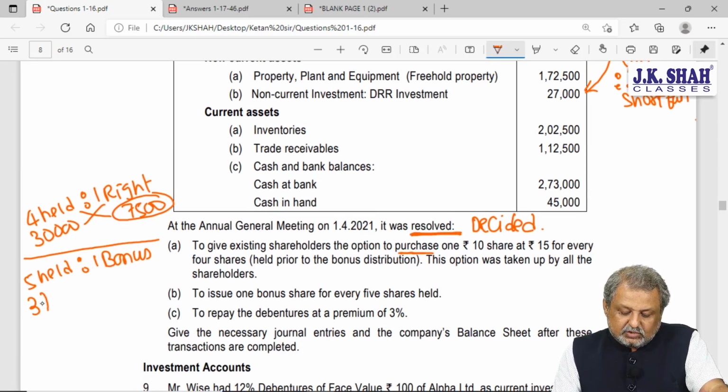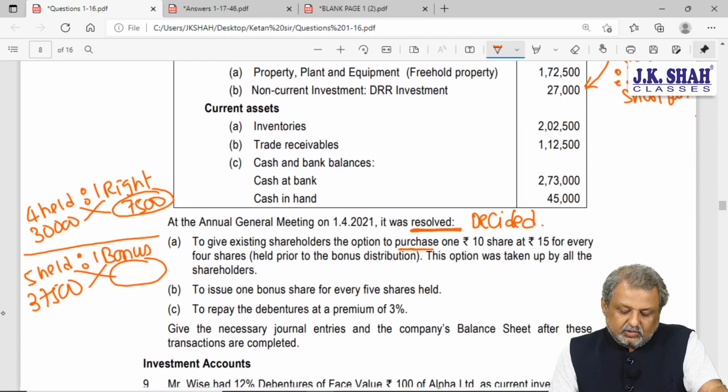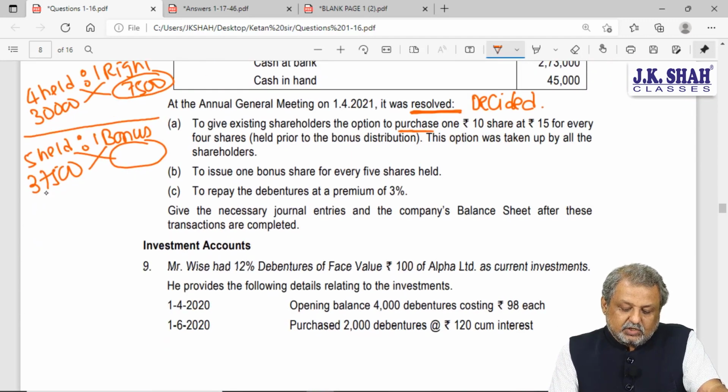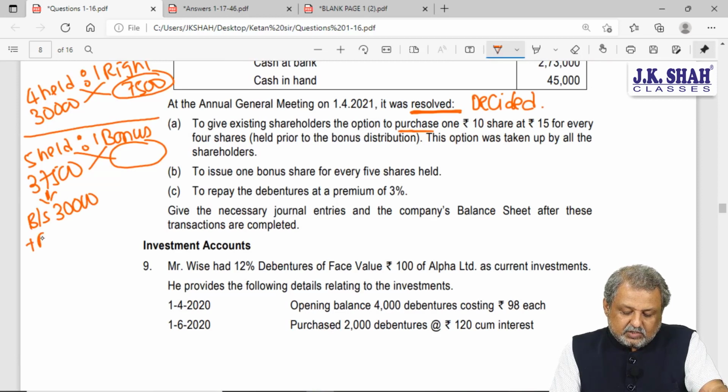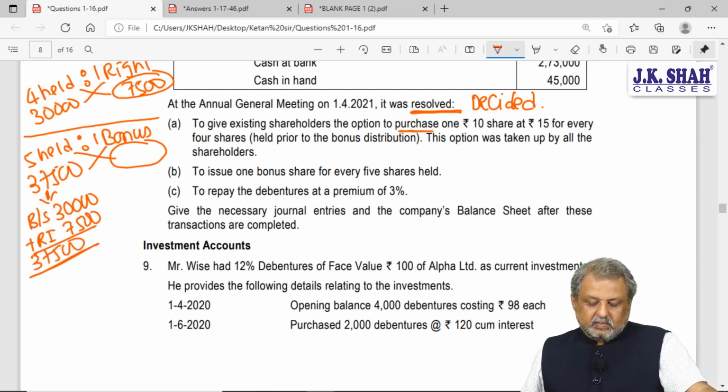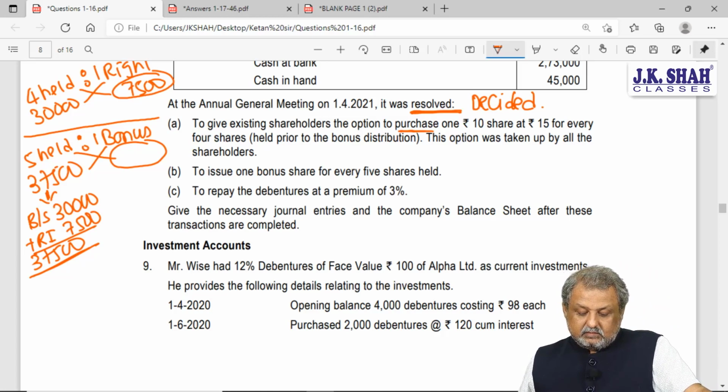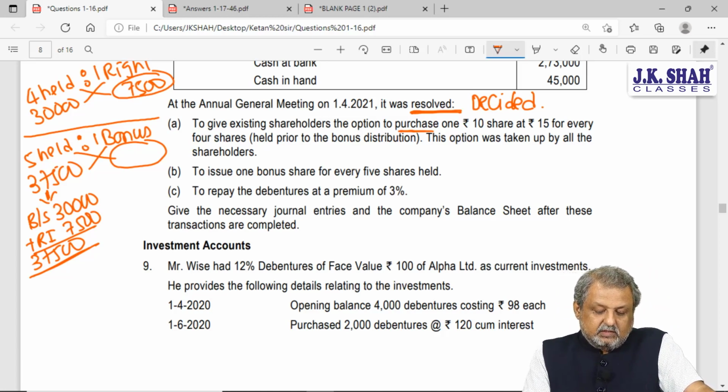So 37,500 held. How many bonus? This 37,500 includes balance sheet 30,000 plus right issue 7,500. So bonus you are getting 7,500 shares.